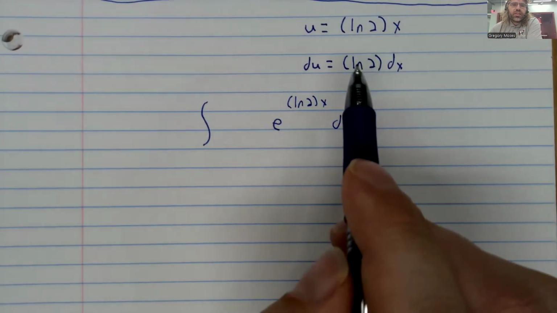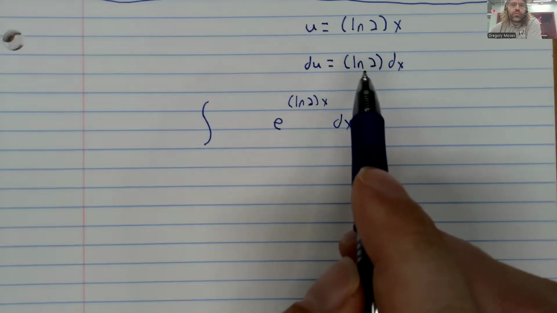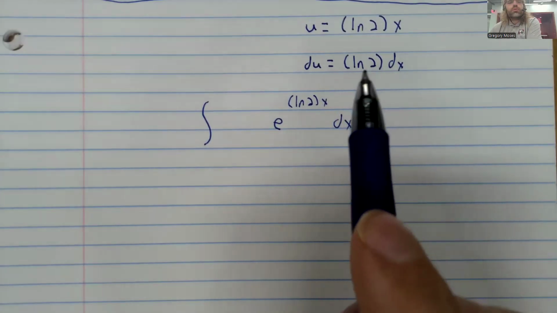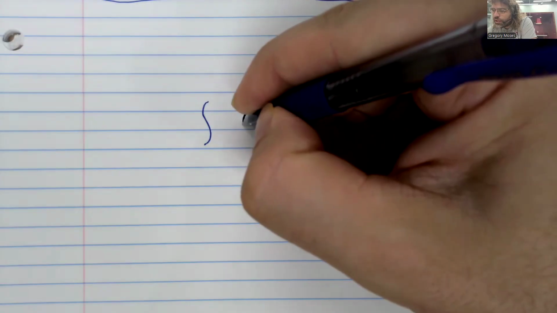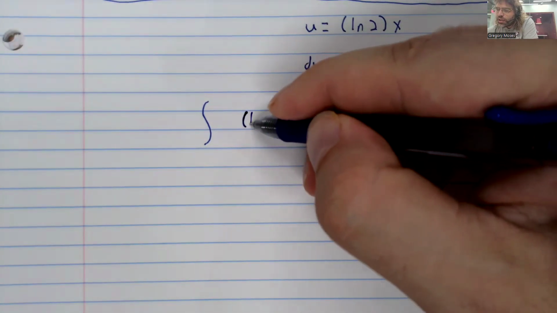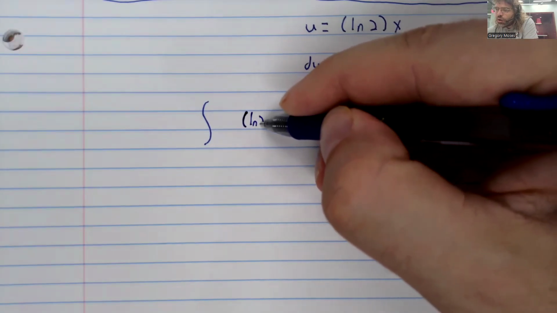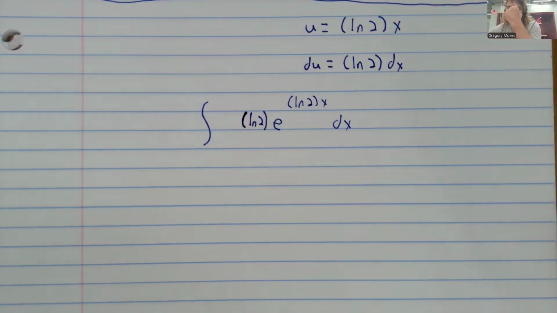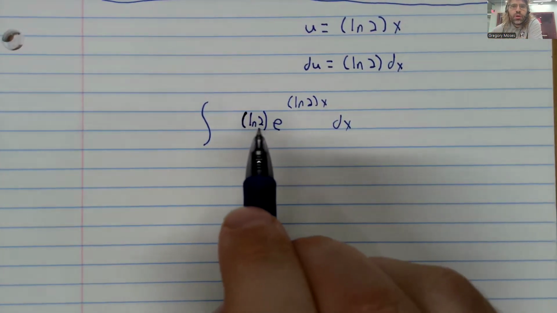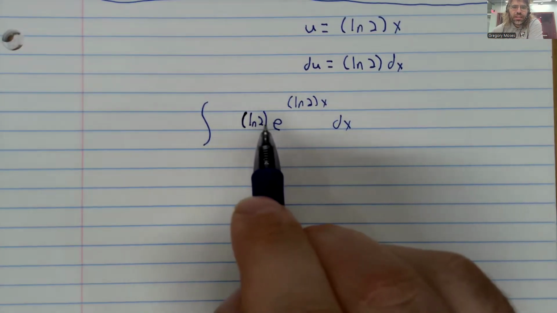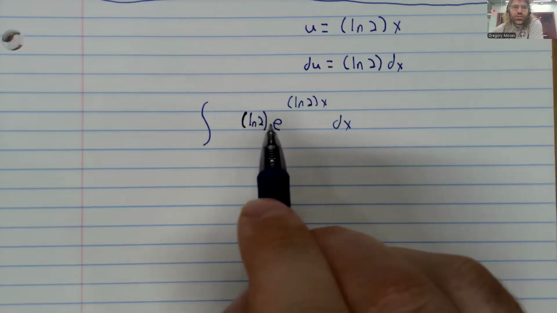Well, for constants, we can do the following. I want the natural log of 2, and I don't have the natural log of 2. I should have left myself more space, but I am going to resolve this by throwing a natural log of 2 right in there. And you're probably saying, you cannot do this.